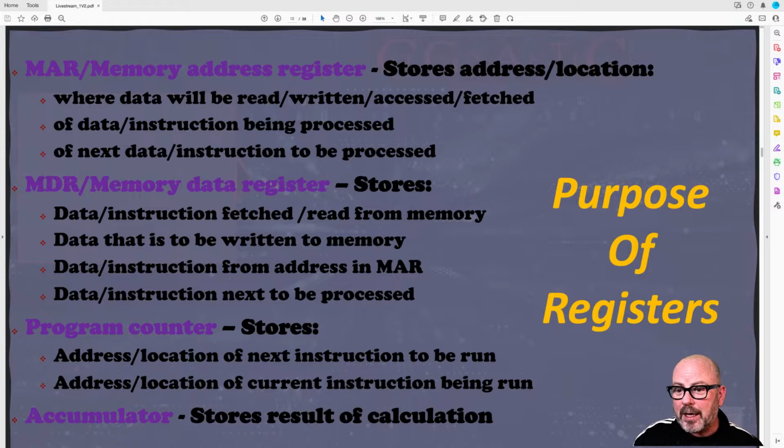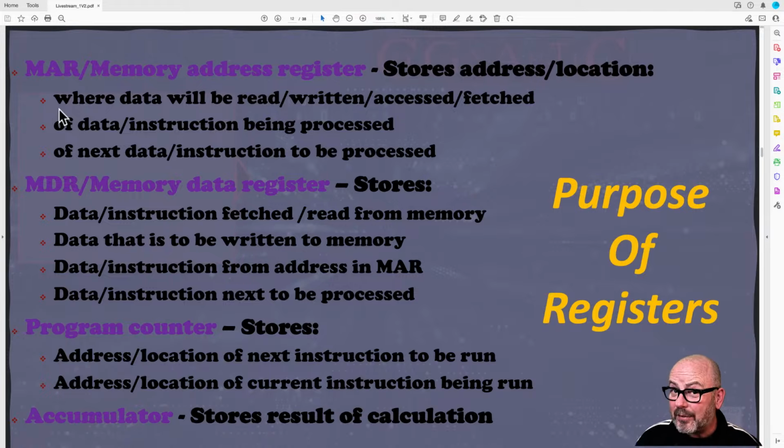So you've got the MAR, where data is read and written or accessed or fetched, and where data and instructions can be processed. I'm not going to read through this list, but the bad news is, if you want to get a grade 9, you need to understand what each of these do. This page will do several tricks.